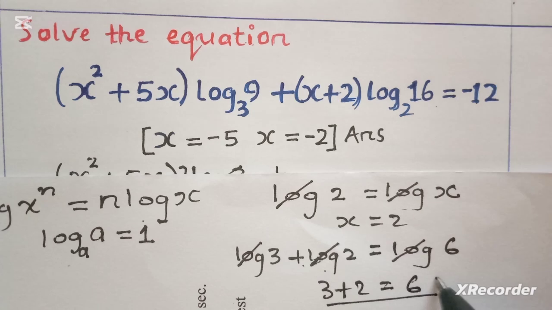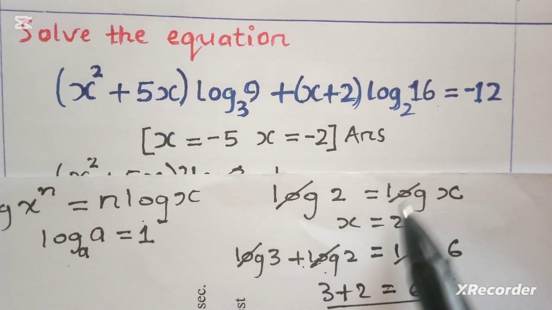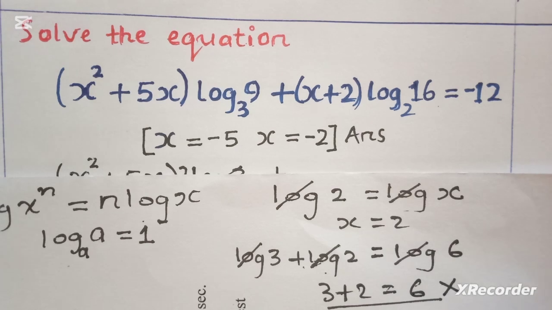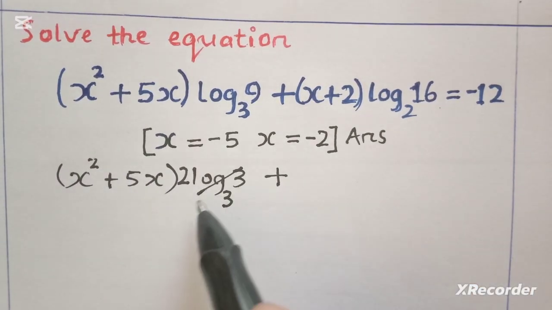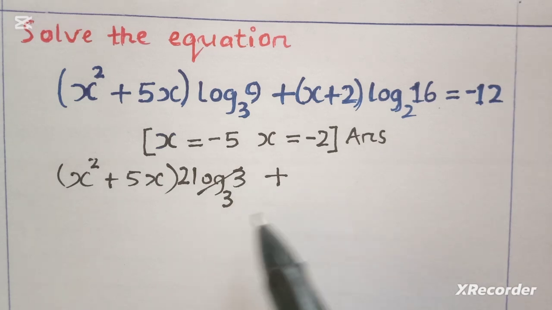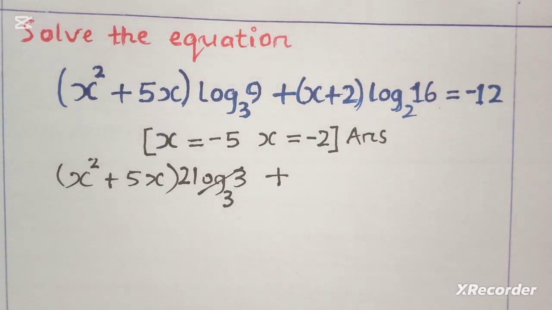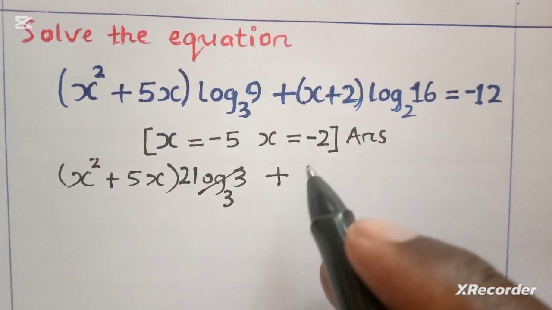Guys, not possible. So don't make use of cancelling log alone unless you are cancelling with a number. For example, what I have done here, I have cancelled log 3 to base 3. That is quite okay.